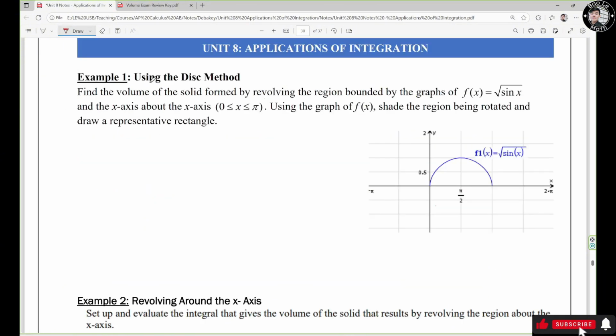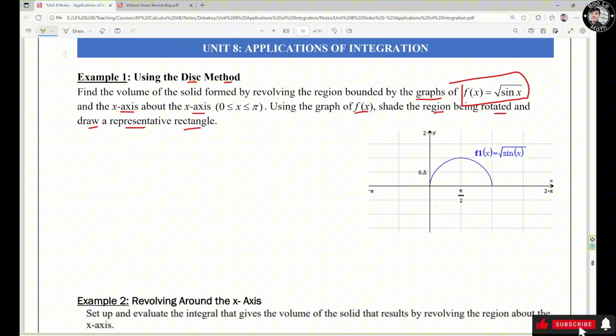Now, example number 1. Using the disk method, find the volume of the solid formed by revolving the region bounded by the graph of f(s) equals square root of sin s, and the x-axis about the x-axis for s going from 0 to pi. Using the graph of f(s), shade the region being rotated and draw a representative rectangle.